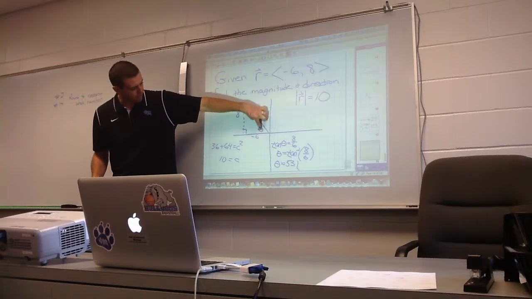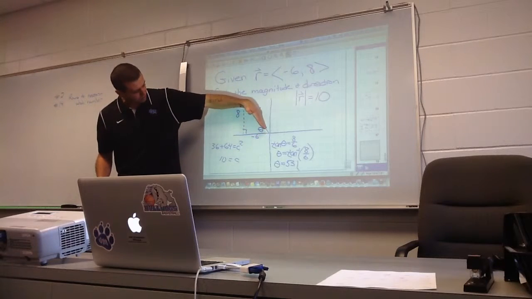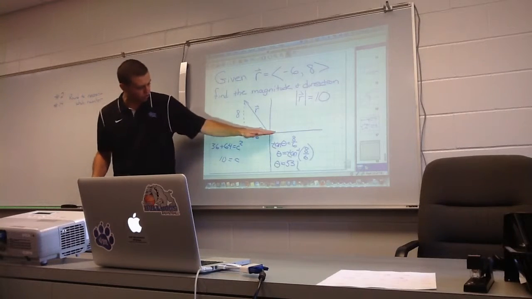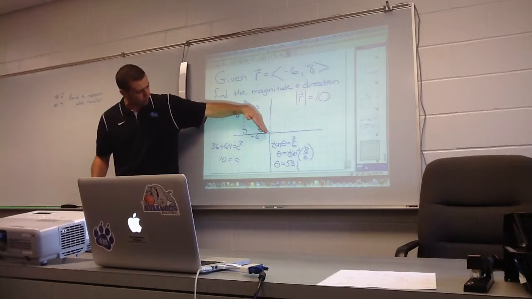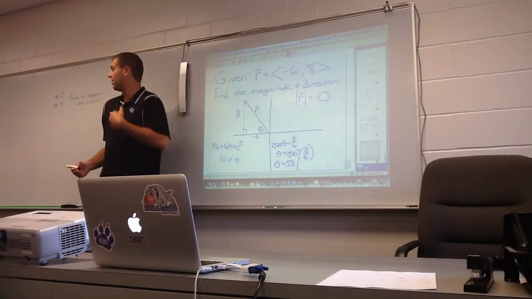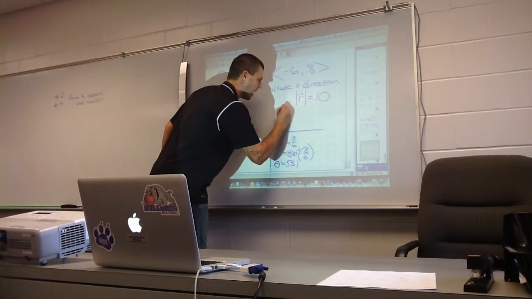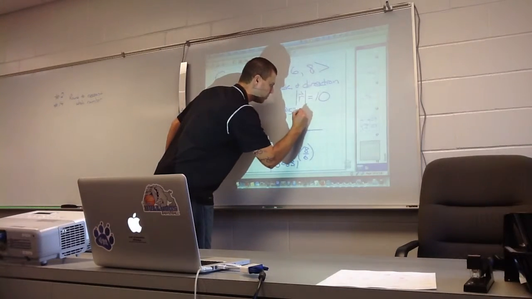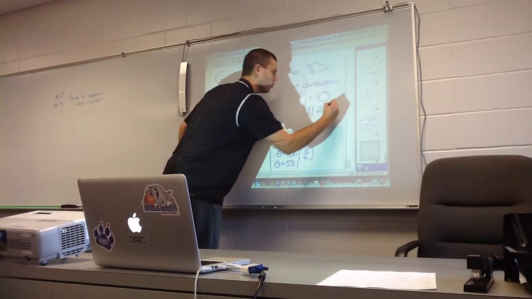Because that angle right there is 53.1, so I just need to go 53.1 degrees to the north of west, because this is straight west. If I go 53.1 degrees to the north of west, that would get me to that vector. That would be my personal choice. So I'd say at 53.1 degrees north of west.